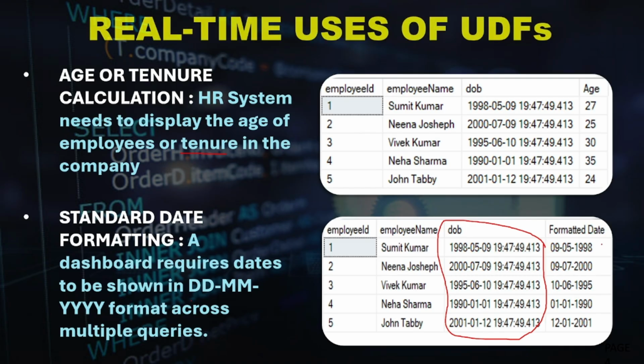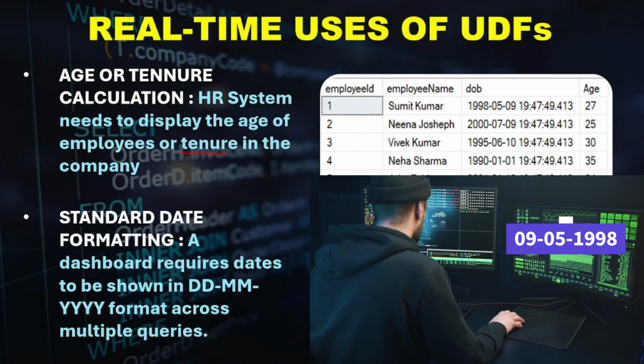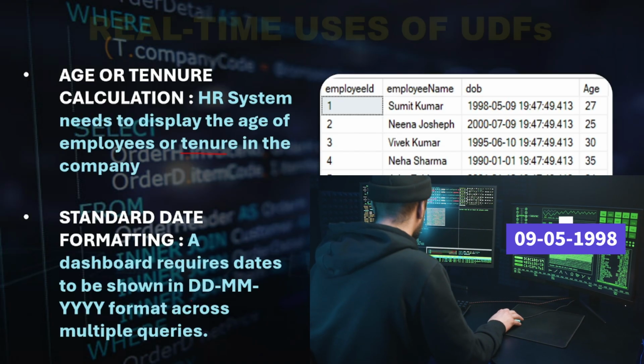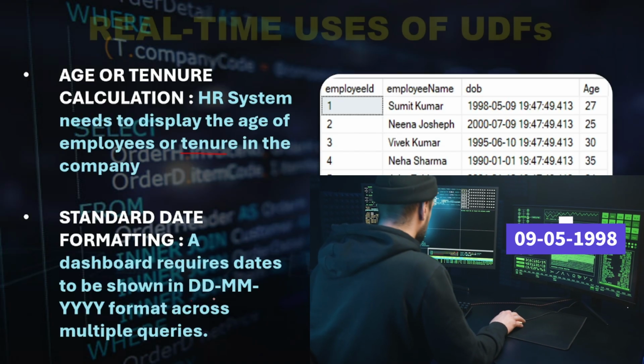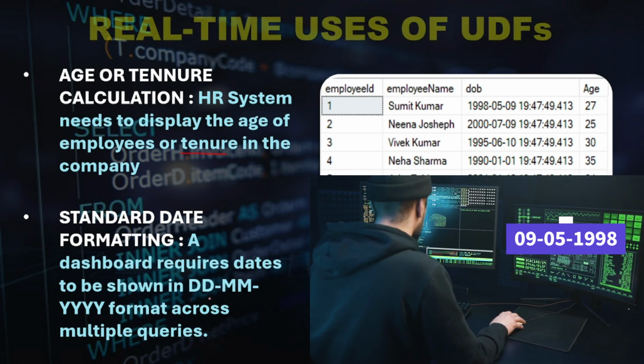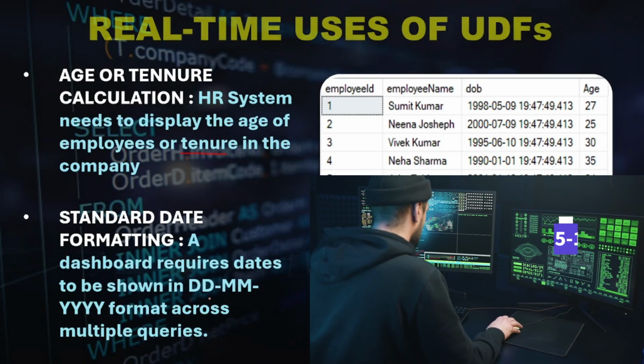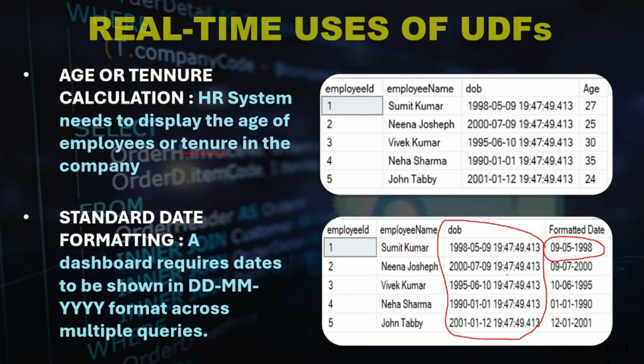We want to display the date formatted like 9/5/1998. So this logic of calculating standard formatting can be given to a function. We can create a user-defined function for the same, give it a name, and then utilize that function in our code wherever we want. Make sense? Let's go and see this function as well.